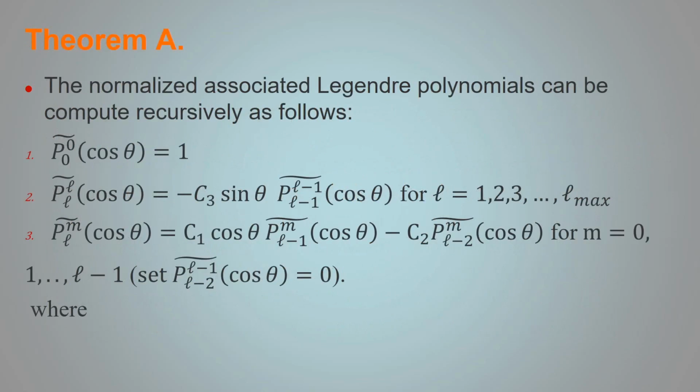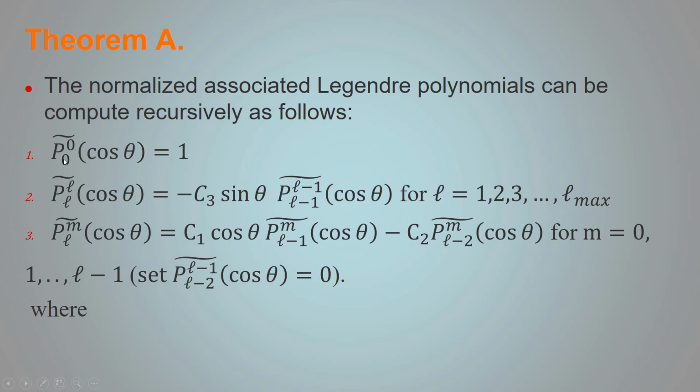This is our theorem A. Theorem A is computing the normalized associated Legendre polynomial. It can be computed in a recurrence way as follows.